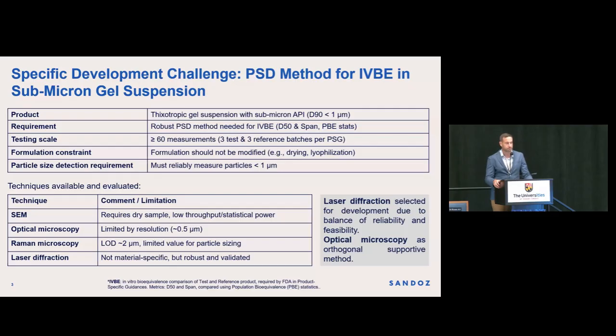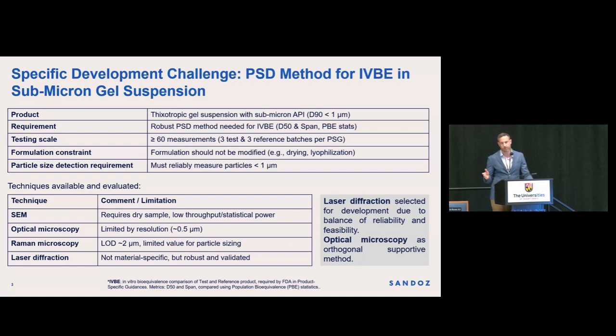Raman microscopy has the same limitation of optical microscopy, but it would come in handy, for example, if we had several different components, so there is no major advantage here. While laser diffraction, even though it's not material specific, is still the gold standard in the industry, meaning that this was also our decision.